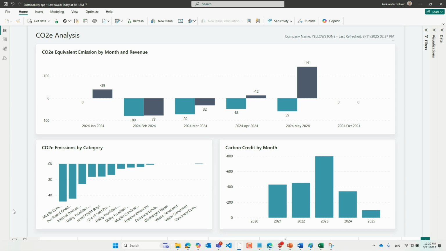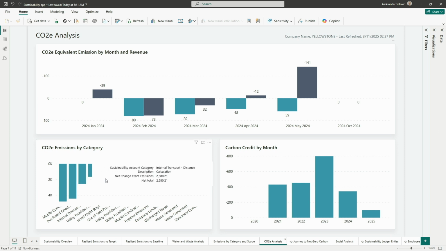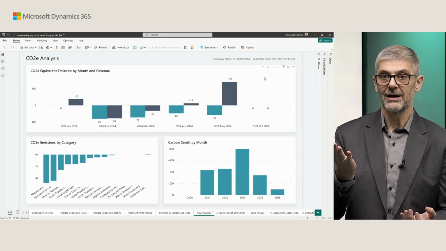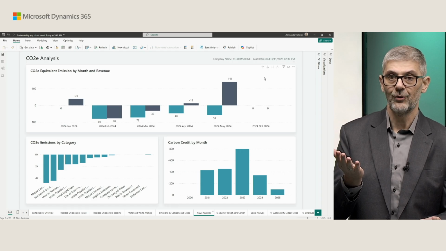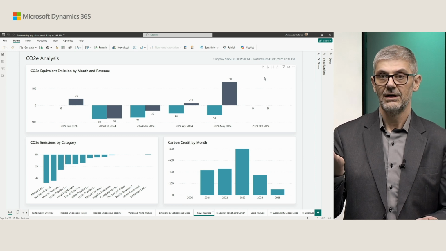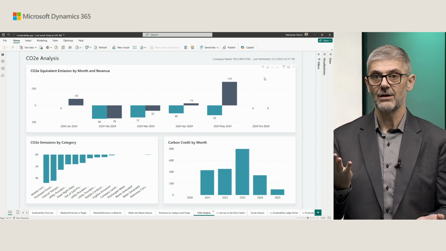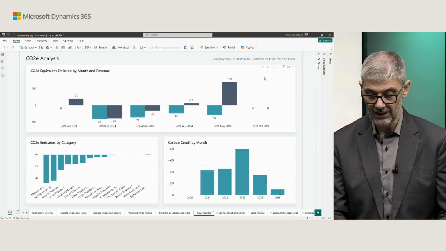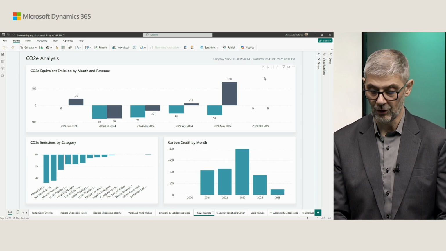This is carbon equivalent emission by category, and carbon credit by month, because carbon credit is important if you are purchasing carbon credits, so you can measure how many credits you bought per month. And this one is really good to compare your emissions versus your revenue. This is important because it can show whether you are increasing your carbon emissions directly with the growth of revenue or you are saving. So it can give you some additional valuable information about your emissions.